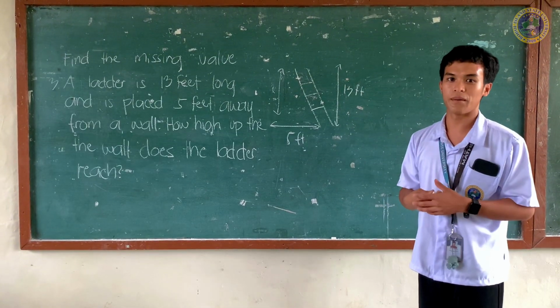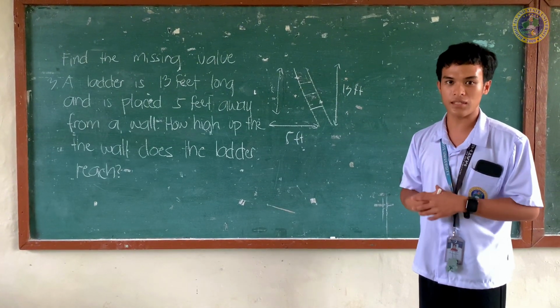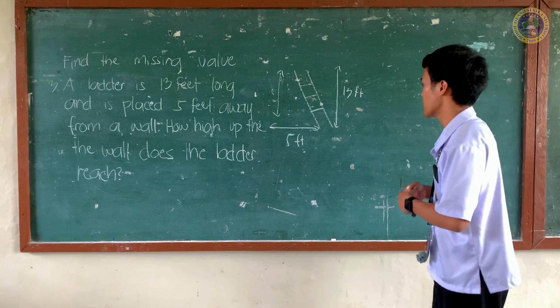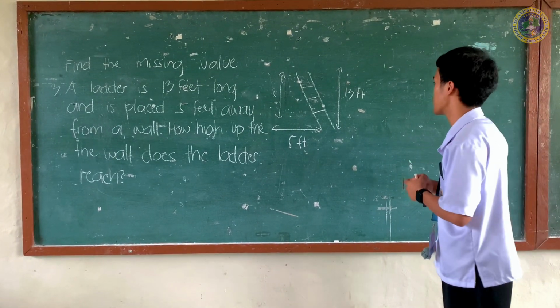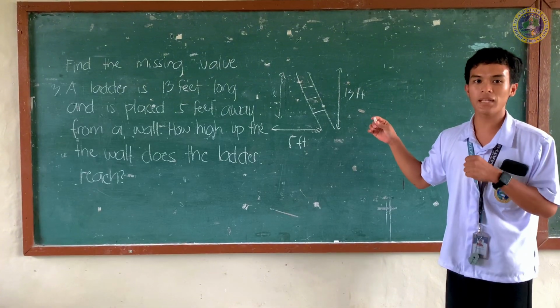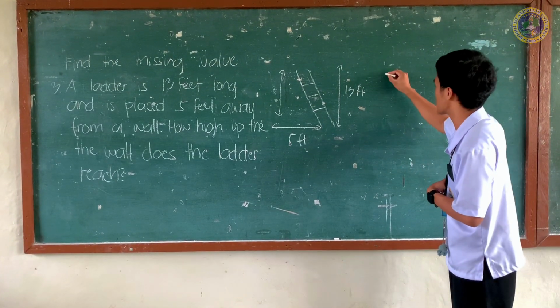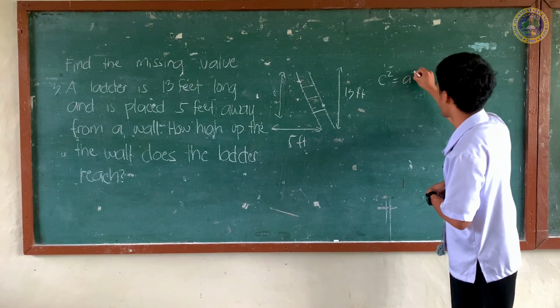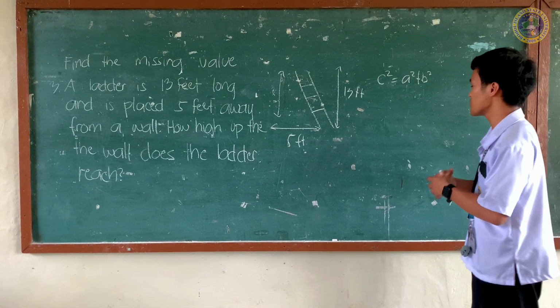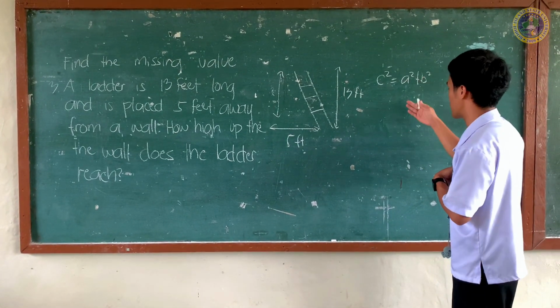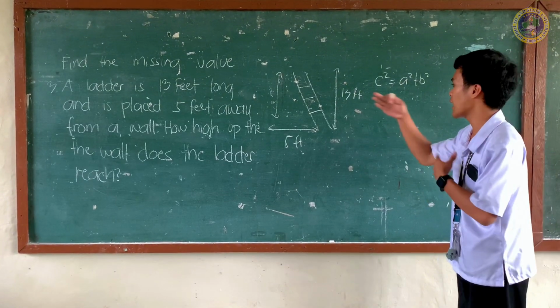So since our pieces are complete in solving a Pythagorean theorem, we can now use the formula to solve the problem. So again, the formula is c squared equals a squared plus b squared. Next, we substitute the given values to our formula so we can solve for the height.